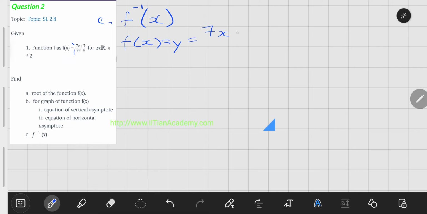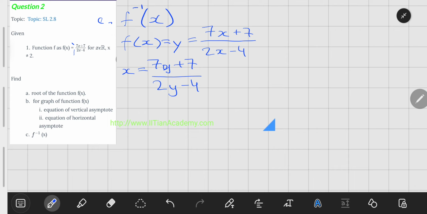And then for part C of the question, we are asked to find the inverse of our equation. We can do this by substituting y for x, swapping them essentially.